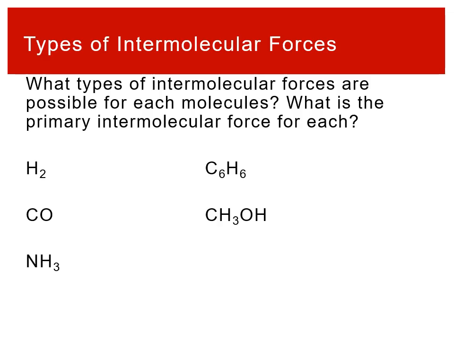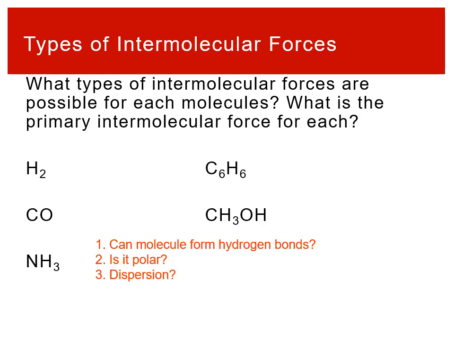So once we have the Lewis structure, in terms of figuring out what types of intermolecular forces are possible, there's 3. And generally the order we want to check things in is first, can the molecule form hydrogen bonds? Second, is the molecule polar? And third, can the molecule do dispersion? The reason why we go in this order is once you hit a yes, all questions below it are also yes.